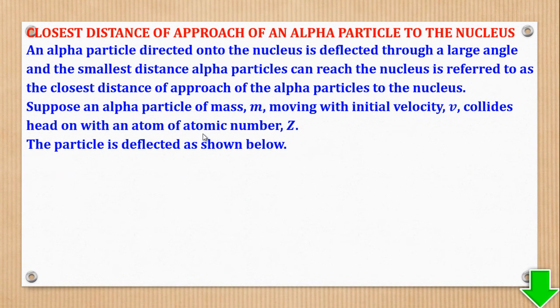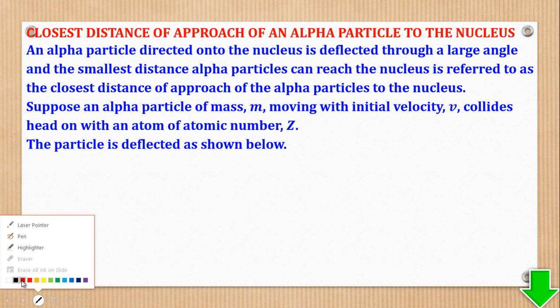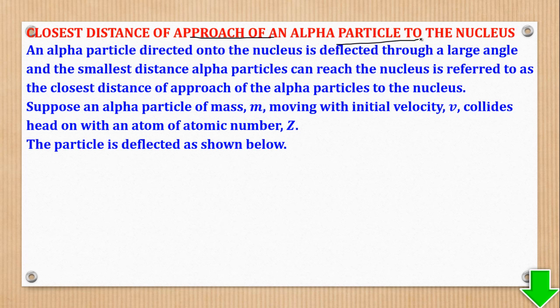So that has been electric field intensity between two parallel conducting plates. But remember we said we are going to cover two parts, so we shall also cover the closest distance of approach of an alpha particle to the nucleus.